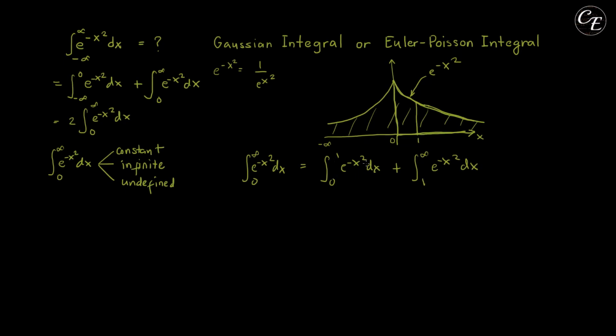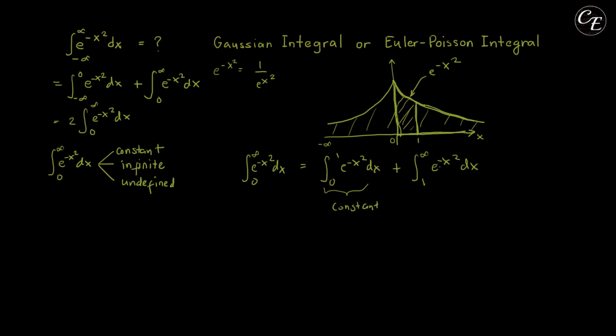The value of this integral is this region. Since e raised to negative x squared is continuous, this area is constant, or rather less than infinite. So we have here a value of the integral which is a constant.